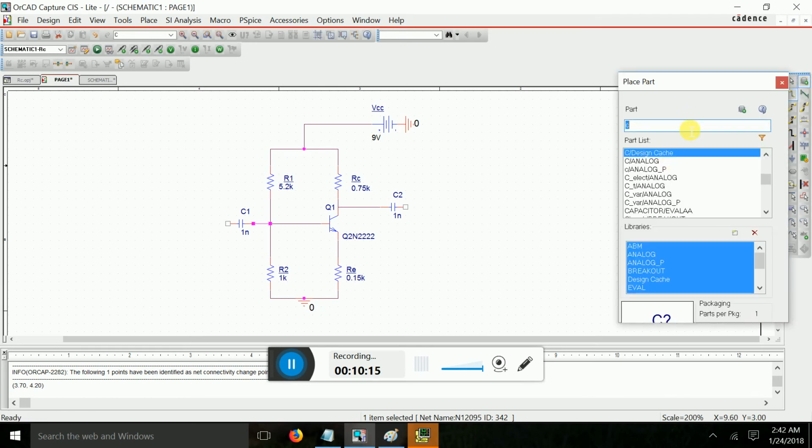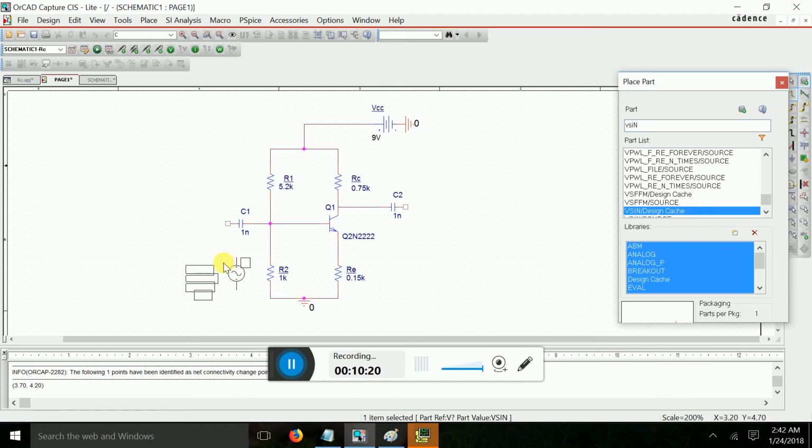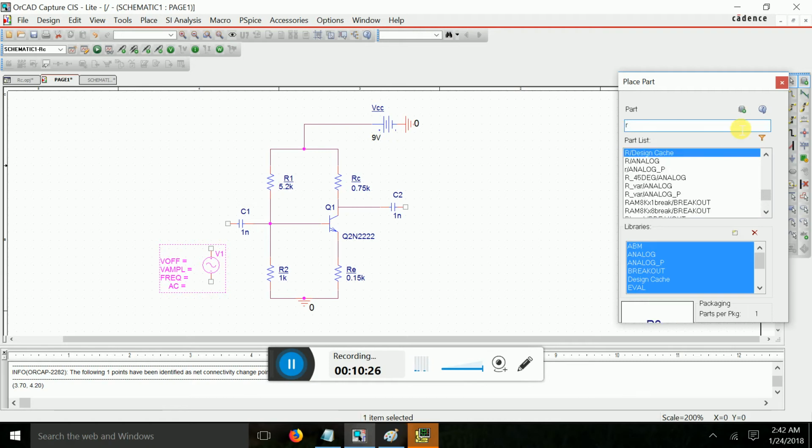Okay, let us put the sine wave. For the output, let me take a resistance here.